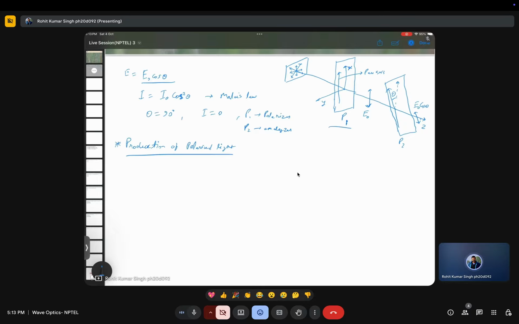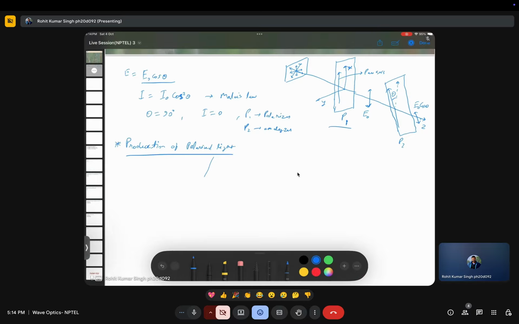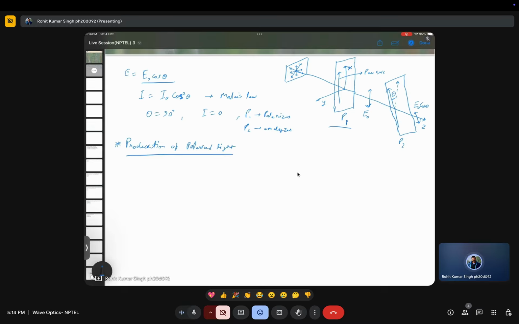One basic piece of equipment that we can use to polarize unpolarized light is called a wire grid polarizer. You take wires of copper or any conducting wire, but since copper is a very good conductor and very cheap, we'll use copper.